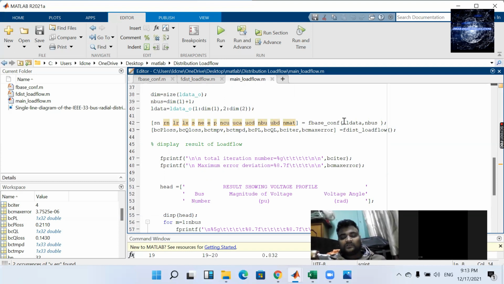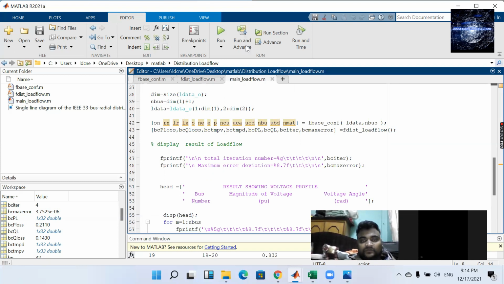How much difference is coming from the previous value, the updated value, to the currently obtained value. And if the error is within the permissible range, then we conclude that the load flow is converged. What do we mean by the error being small? That the value is not changing. That means the true value has come. So let's run this program.